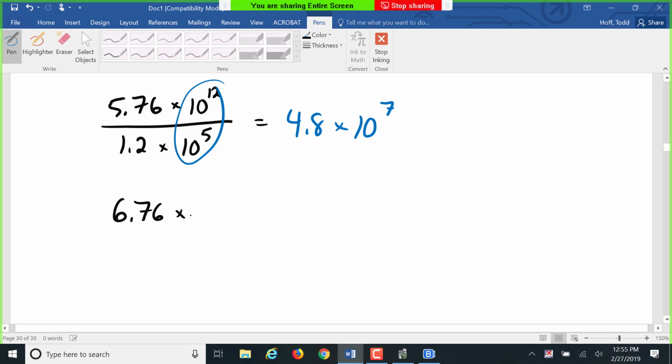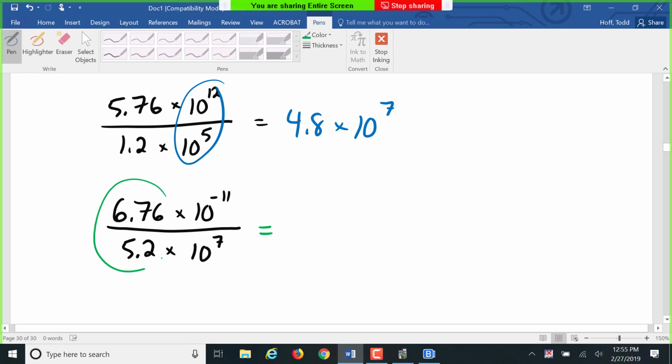We may have 6.76 times 10 to the negative 11th divided by 5.2 times 10 to the, what do I want to put in here? Well, let's go 10 to the 7th.